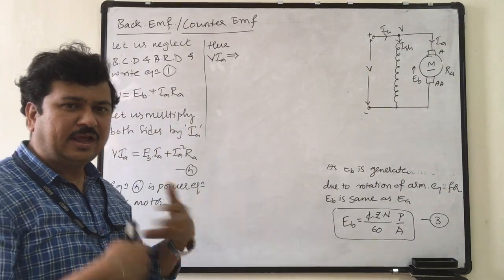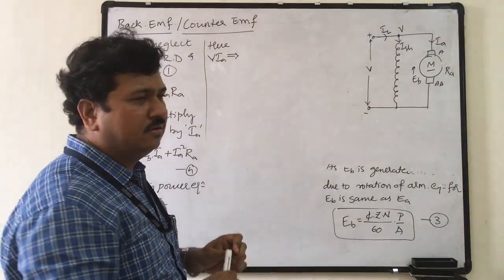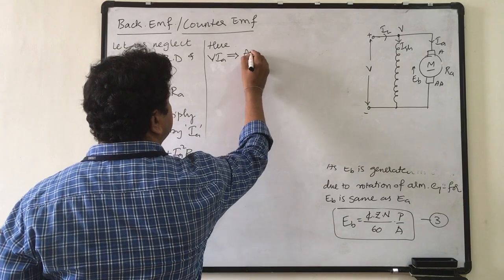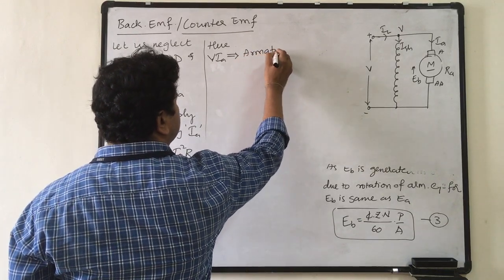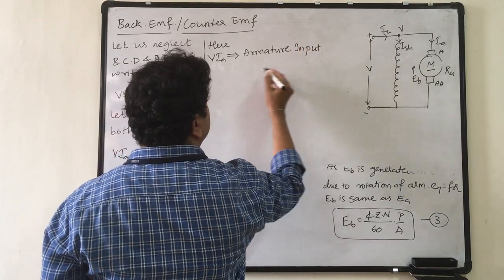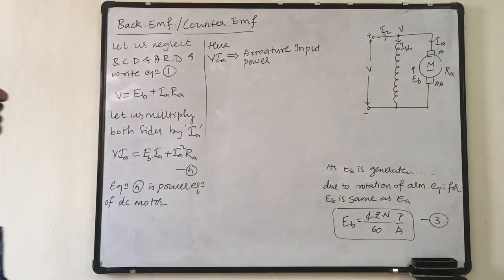Hence, anything that I get is input for me. Therefore, V into Ia is armature input power, or input power to armature.